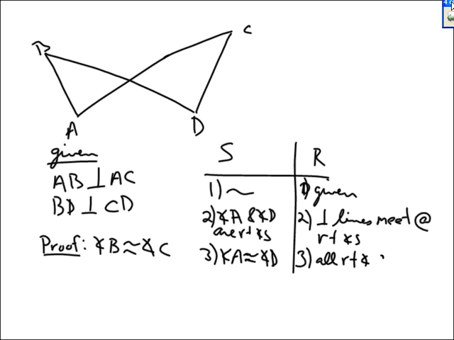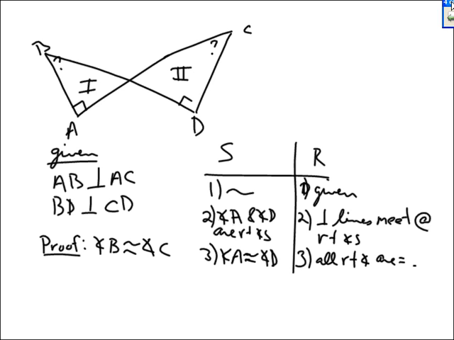All right angles are equal to one another. Okay, so basically we have this triangle here and this triangle here. And we want to show that angle B and angle C are equal. Well, we just showed that angle A and angle D are equal.